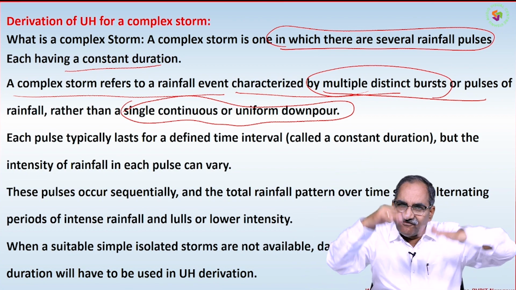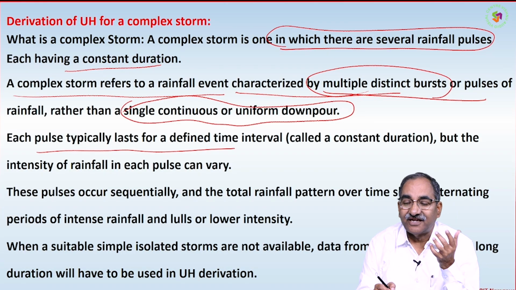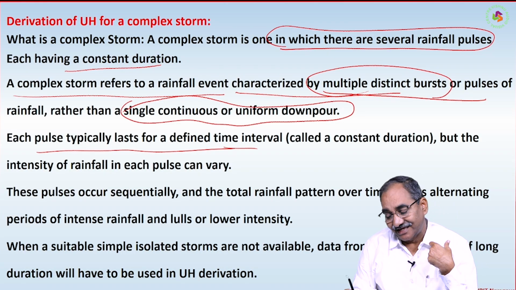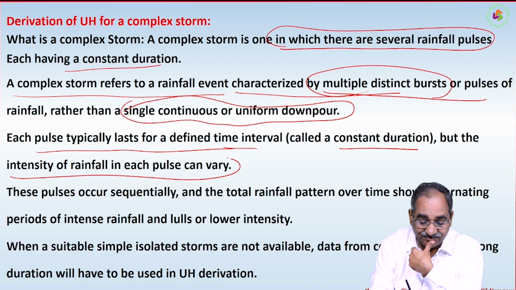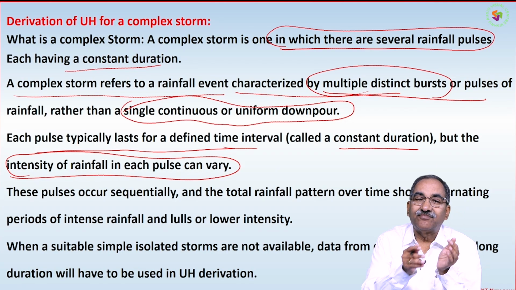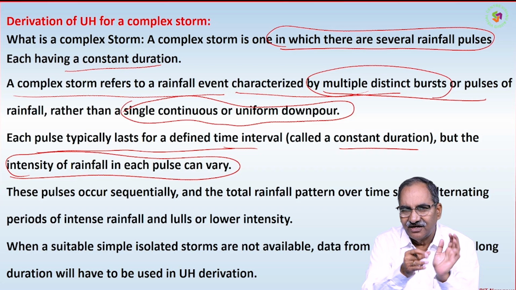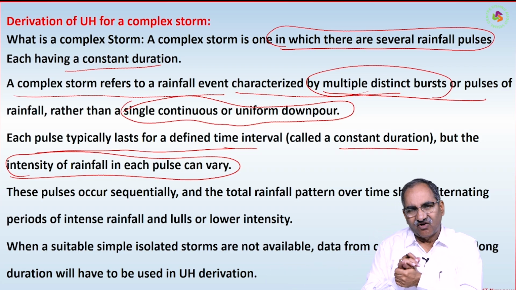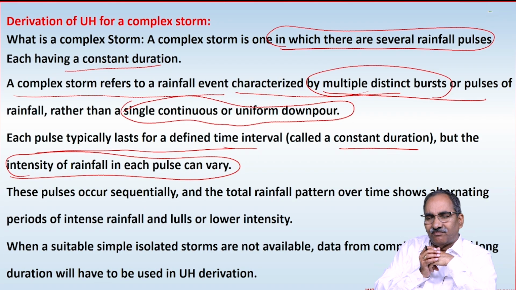Each pulse lasts for a defined time interval, which we call a constant duration. But the intensity of rainfall in each pulse can vary. The intensity need not be the same as the second one. Such a case is what we call a complex storm.